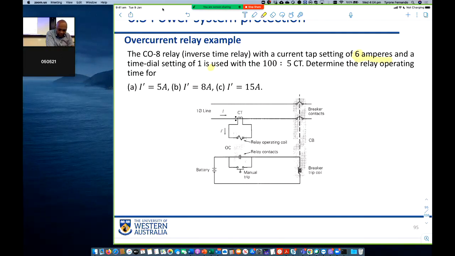Determine the operating time for pickup current of 5 amps. So if it actually measures 5 amps, but the magnitude for activation is set at 6 amperes, 6 amperes is a threshold, right?